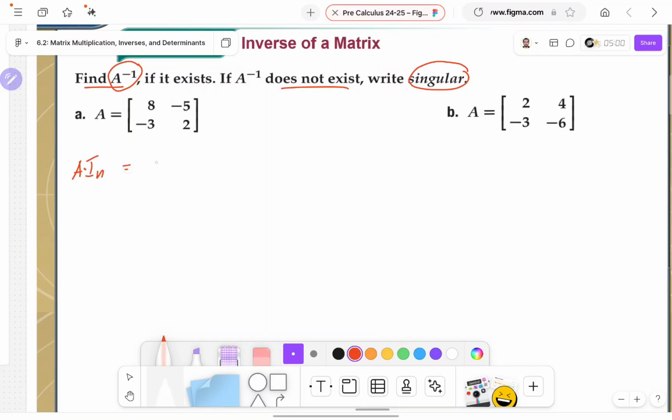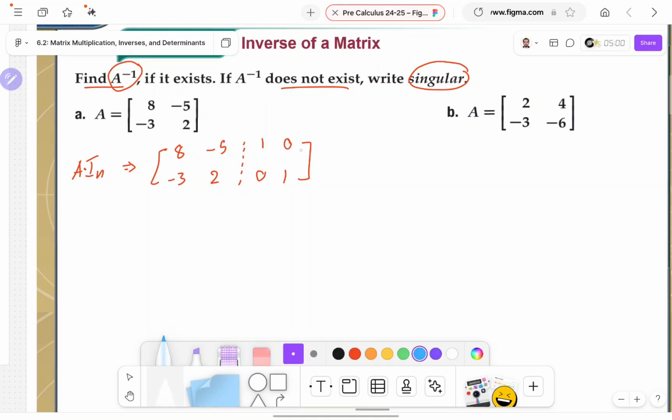The matrix A is 8, negative 3, negative 5, and 2. So this one, and we write the identity 1 0 0 1. So this one should be 1. Now I need to follow the 6.1 lesson to make this matrix into row echelon form.